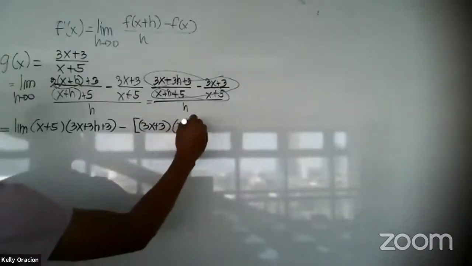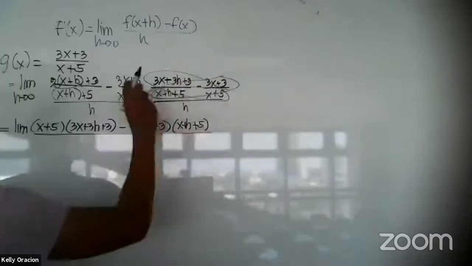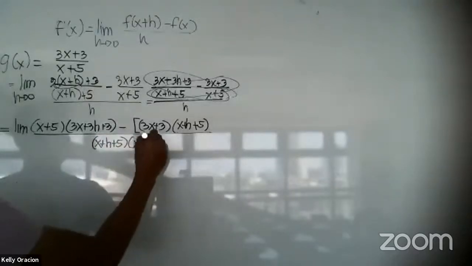That's 3x plus 3 times x plus h plus 5 over, multiply your denominators, x plus h plus 5 times x plus 5 over h as h approaches 0.